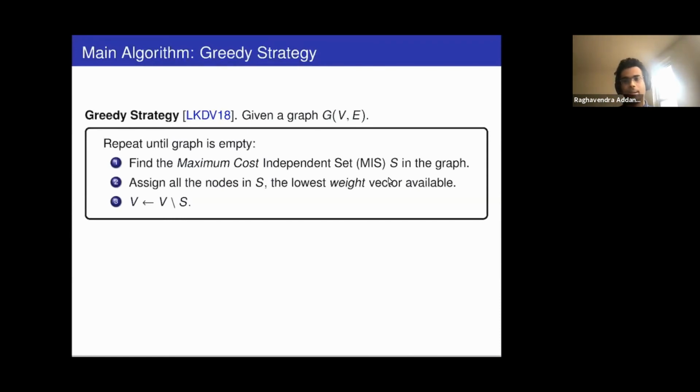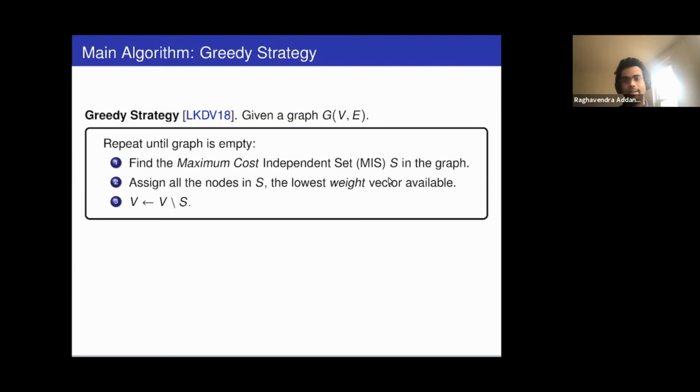For this, we'll look at the greedy strategy introduced in 2018 by Lindgren et al., which is once again based on the intuition we have seen so far. You find the maximum cost independent set in the graph. You assign all the nodes in S the lowest weight vector available to you. So you start out with the 0 weight vector, you assign it to the maximum independent set, you remove these nodes.